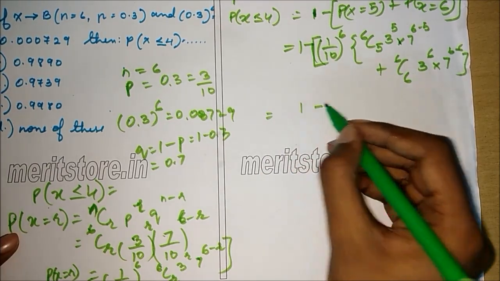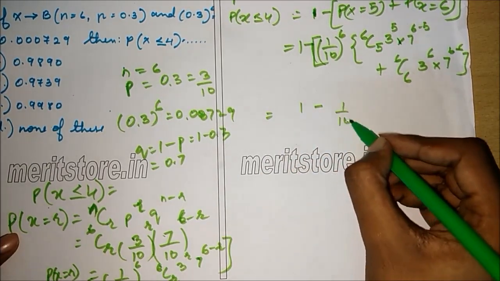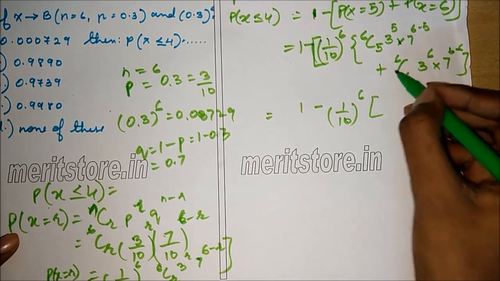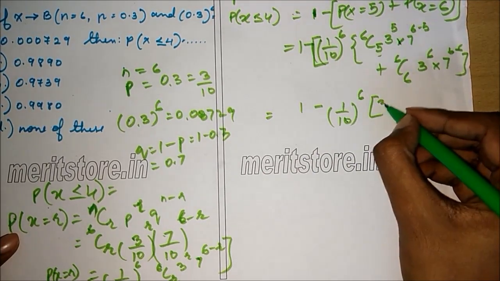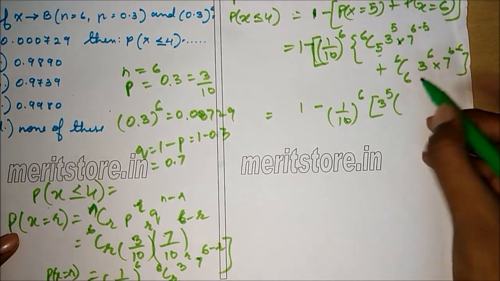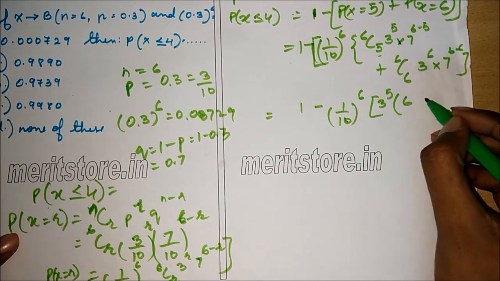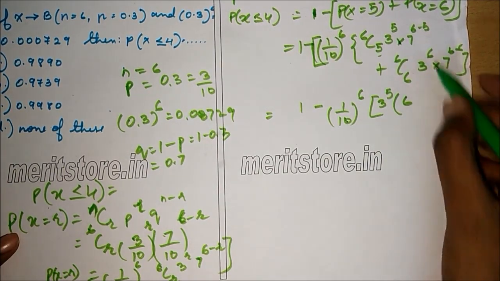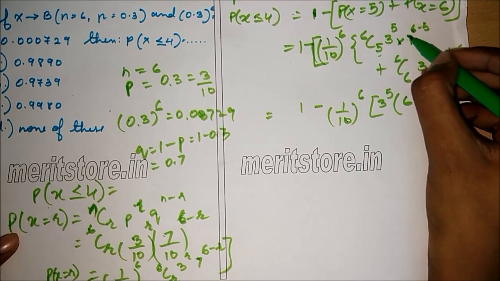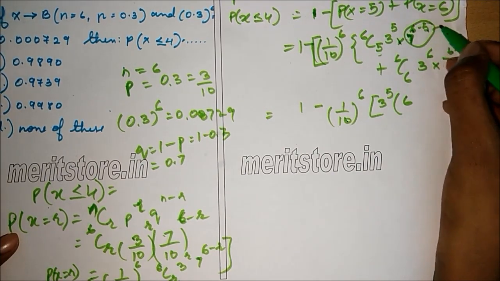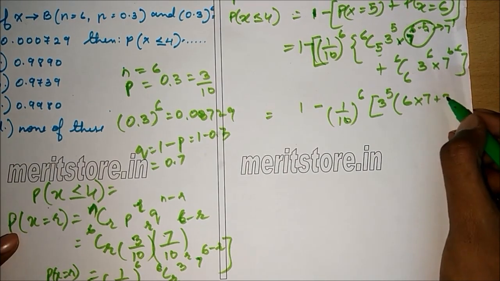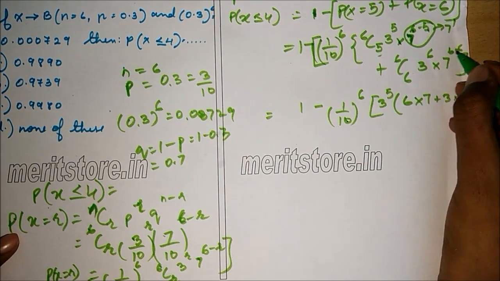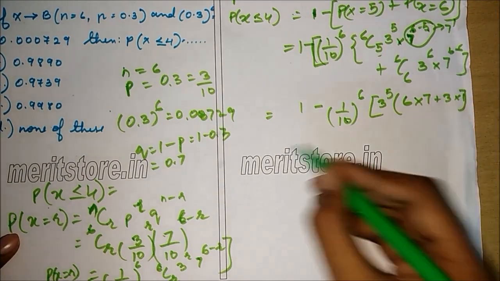That is 1 minus 1 by 10 raised to 6 into, now we take 3 raised to 5 common within these brackets. So this is 3 raised to 5, 6C5 is 6, into 7 raised to 6 minus 5 is 7 raised to 1, which is 7. So 6 into 7 plus 3 into 1. 7 raised to 6 minus 6 is 7 raised to 0, which is 1.